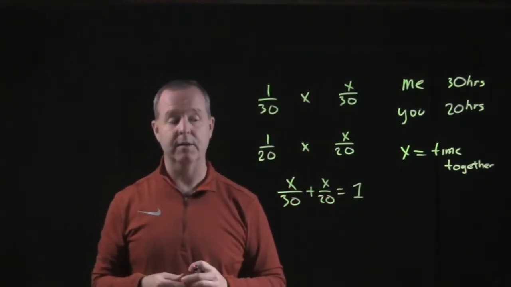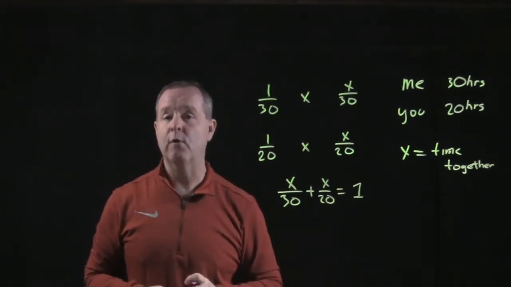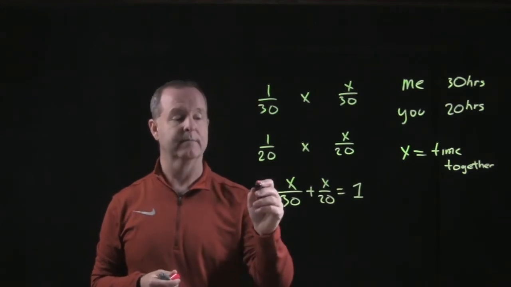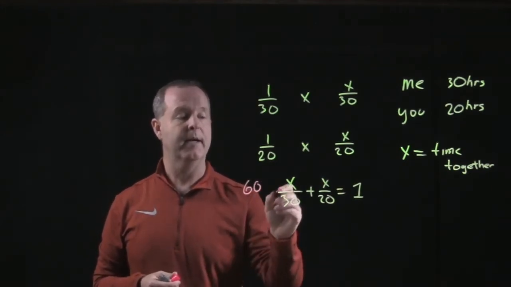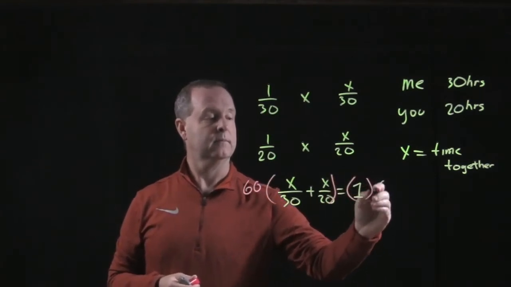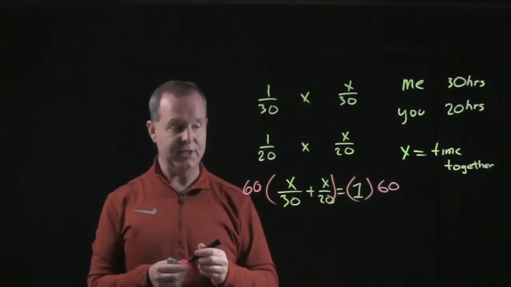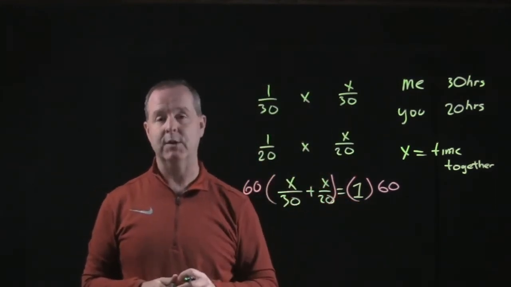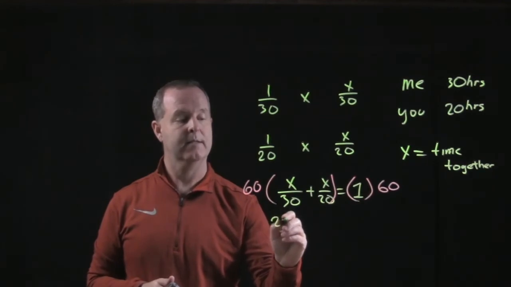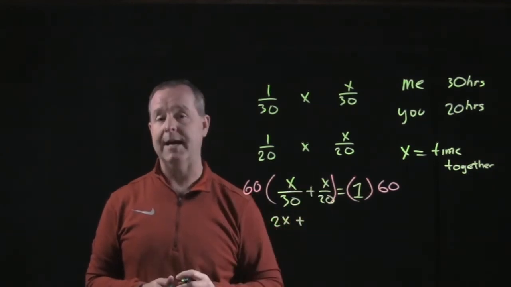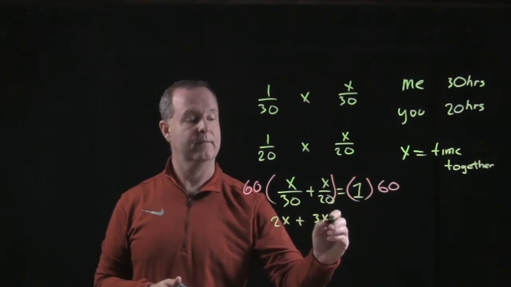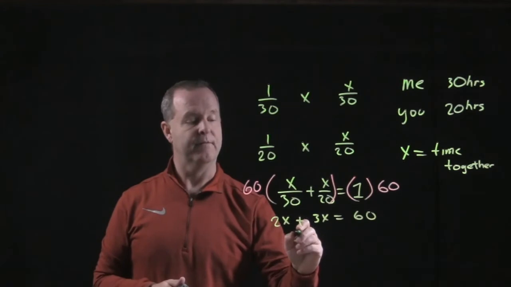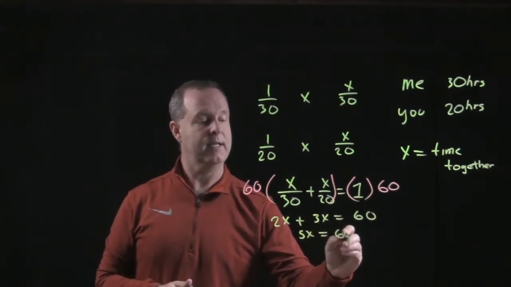So how do we solve this particular equation? Well, we look for a number that we can multiply both sides by that will eliminate the fraction. And that's going to be our lowest common denominator. I'm going to use that in this fashion to eliminate my fractions. 60 times x over 30 gives me a 2x. 60 times x over 20 will give me a 3x. 1 times 60 gives me 60. 5x equals 60.